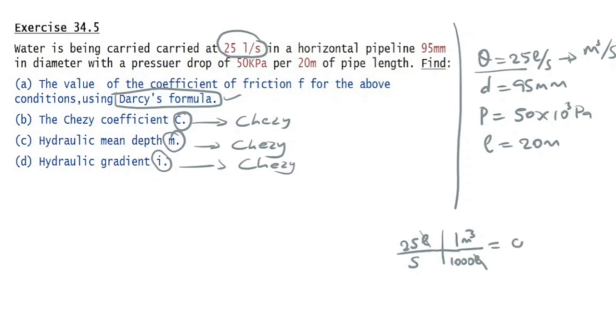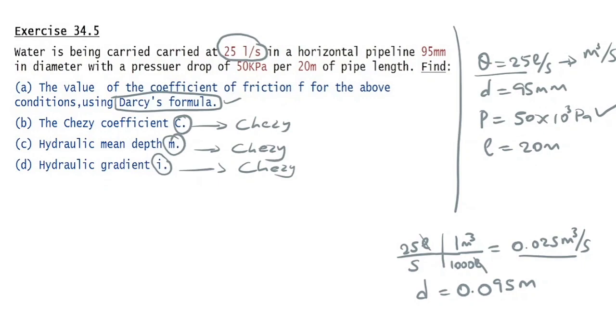The answer is 0.025 cubic meter per second. The diameter here is 0.095 meter. Then this pressure, we have already converted it into Pascal.